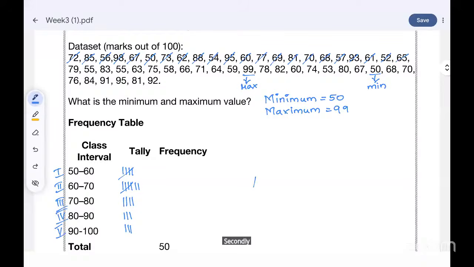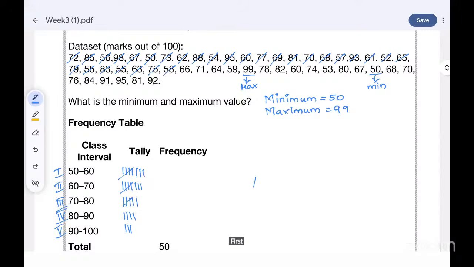And then 79, Third class. 55, First class. 83, Fourth class. 55, First class. 63, Second class. 75, Third class. 58, First class.